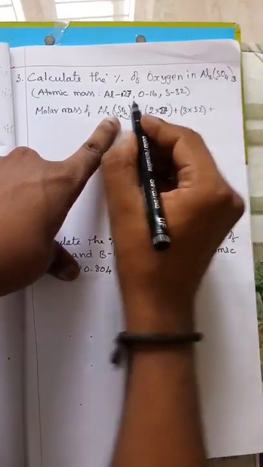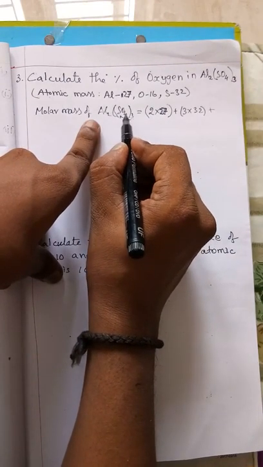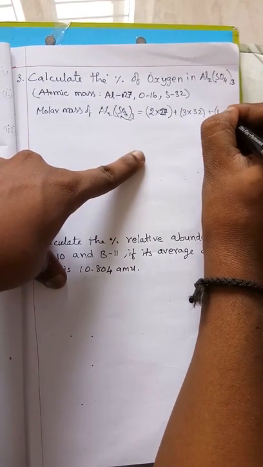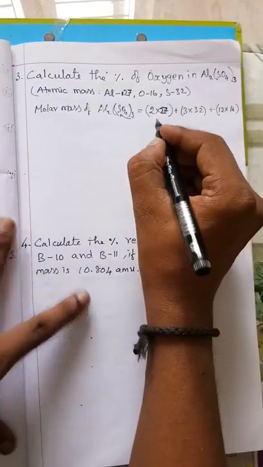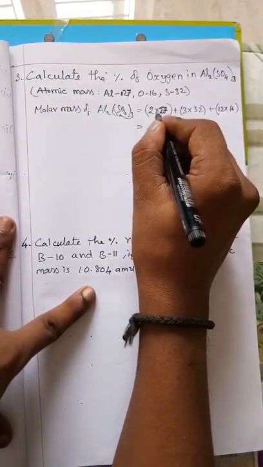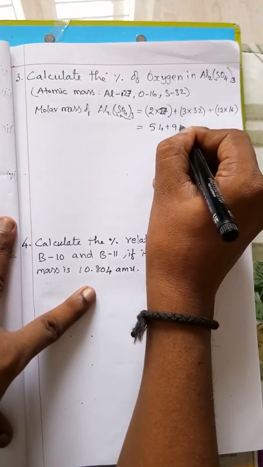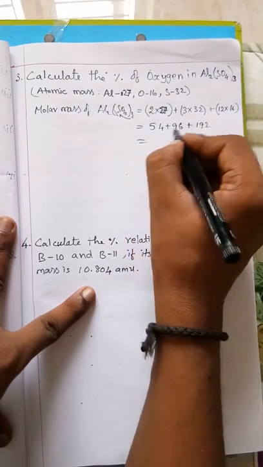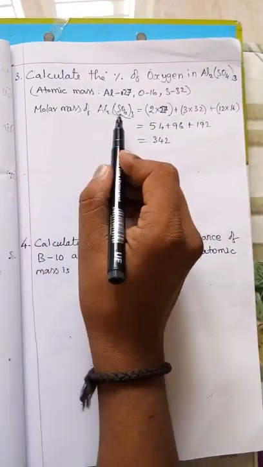Next plus oxygen, here 4, but outside the bracket 3 is there. 4 into 3, 12 oxygen. So 12 oxygen into each oxygen value 16. So 54 plus 96 plus 192. Now we add all the values: 342 is the molar mass of aluminum sulfate.